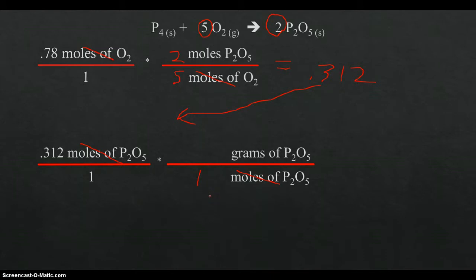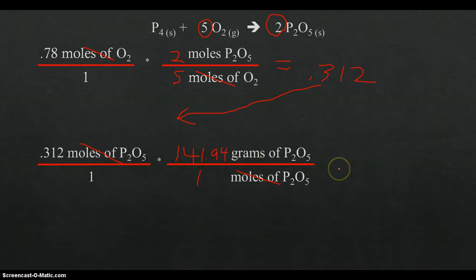Well, that's when I go to the periodic table, and I'm going to take a look at the periodic table, and I'm going to find that I have 2 phosphorus and 5 oxygen. I believe 2 phosphorus ends up being 60 something, and the oxygen ends up being 80, because remember, there's 5 oxygen, 2 phosphorus, so you have to multiply those by the atomic weight on the periodic table, and your molar mass ends up being 141.94.